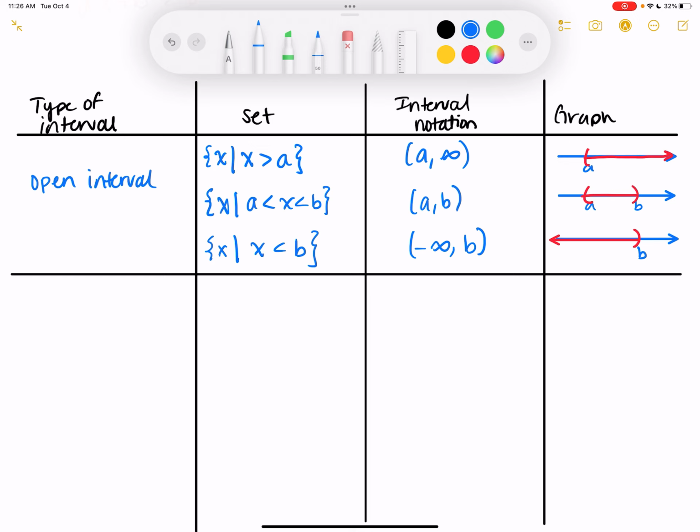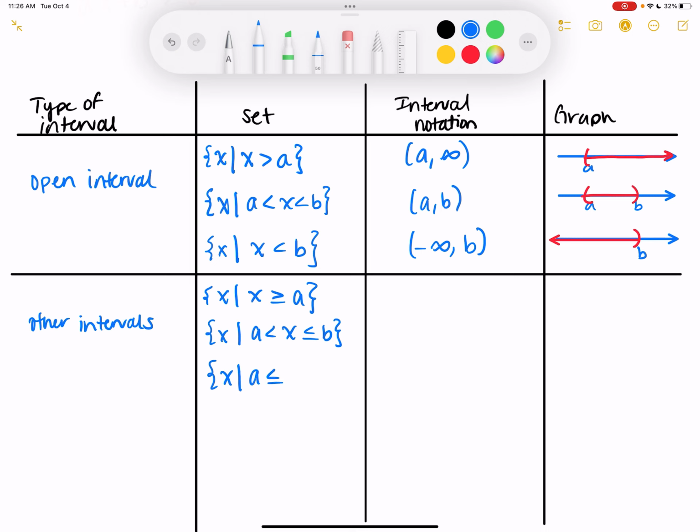I love listening back to the videos. Other intervals. Moving on. The set of x such that x is greater than or equal to a. The set of x such that a is less than x is less than or equal to b. The set of x such that a is less than or equal to x is less than b.